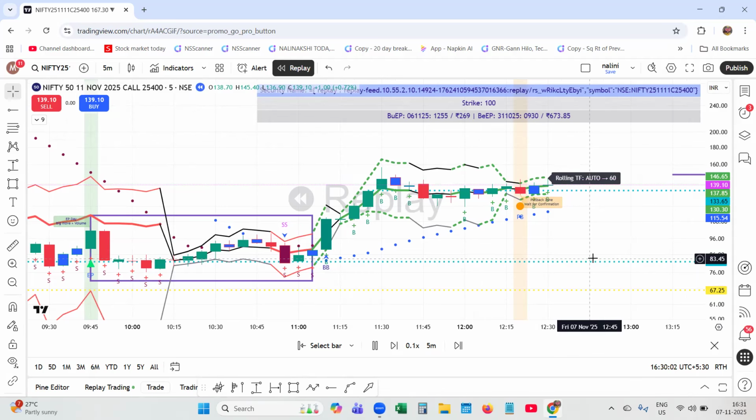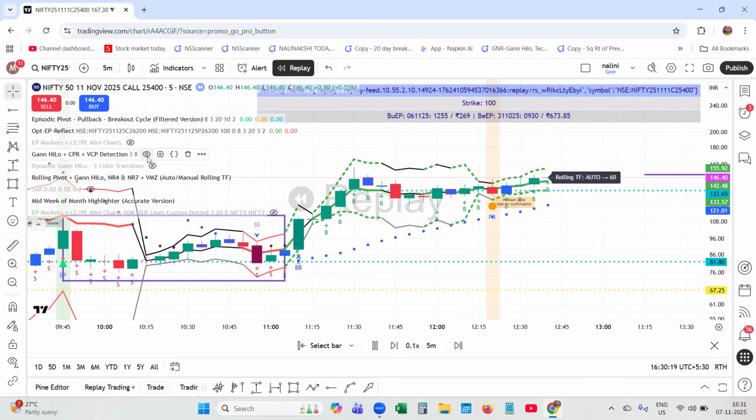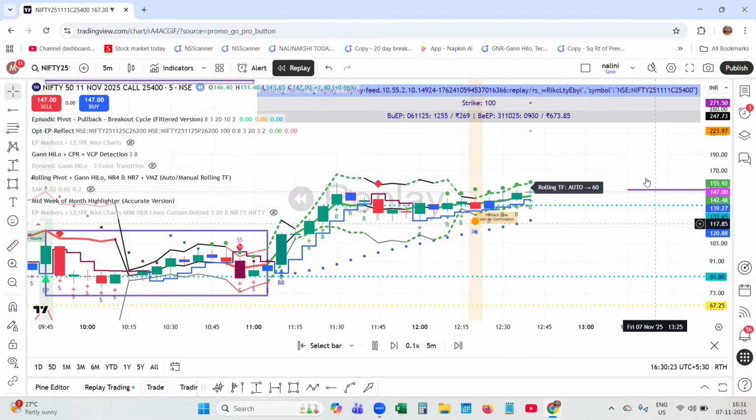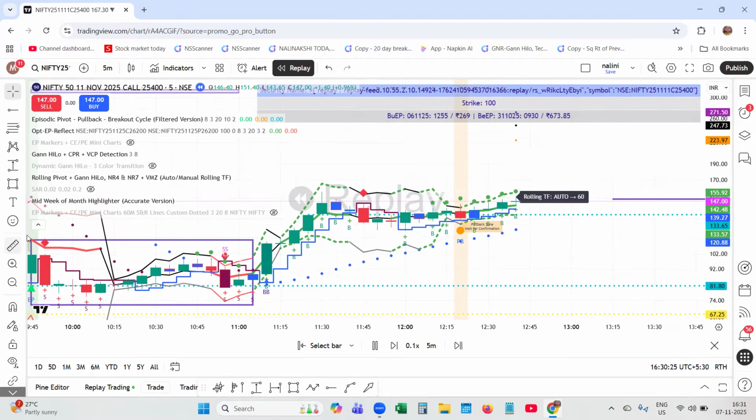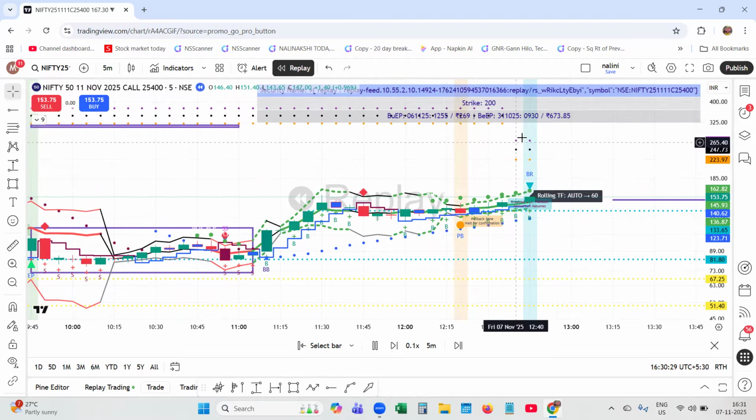And also I will show you my other indicator. I will enable the other indicator. See, this one. GannHiLo CPR indicator. When I enable the CPR indicator over here, dynamically the CPR was formed over here.